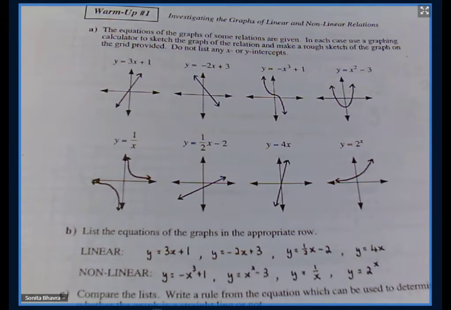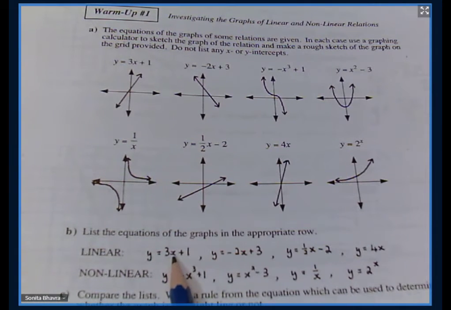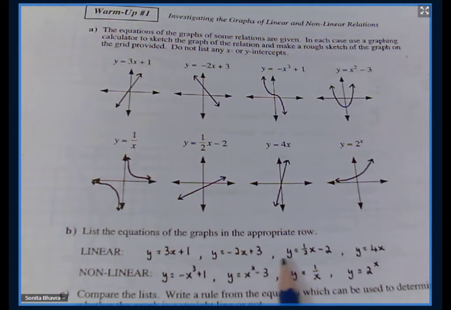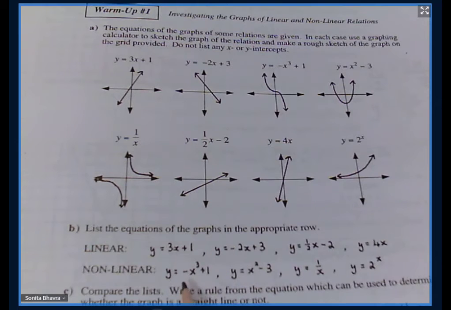So the way you can tell if a graph is going to be linear, meaning a straight line, is by looking at your x and y values and making sure they just have an exponent of 1. So if we look here, y and x both have an exponent of 1. When we get to nonlinear, you will see that the exponents change from 1.